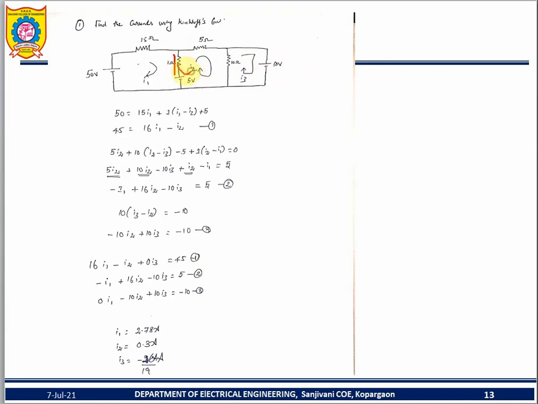I1 also flows, I2 also flows. If both flow in the same direction, it means plus. If one is in the same direction and the other is in the opposite direction, it means minus. That's all. We're going to write the equation.